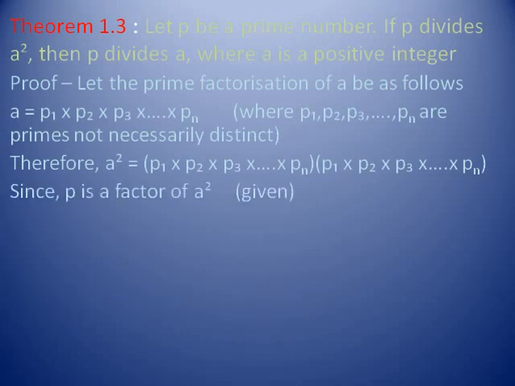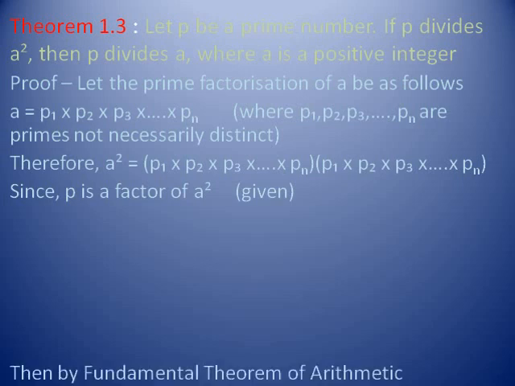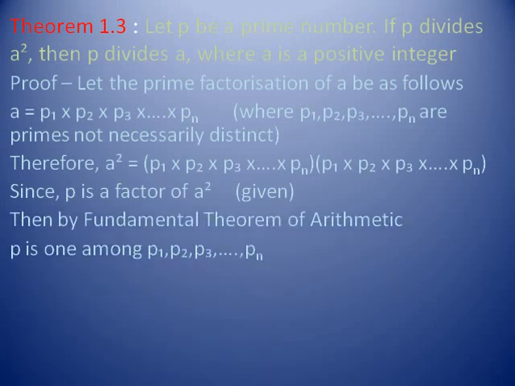Since P is a factor of A square, as it is given that P divides A square, then by the fundamental theorem of arithmetic, P is one among P1, P2, P3 and Pn. As the fundamental theorem of arithmetic says that A square cannot have any other factor other than P1, P2, P3 and Pn, therefore P should be one among these.